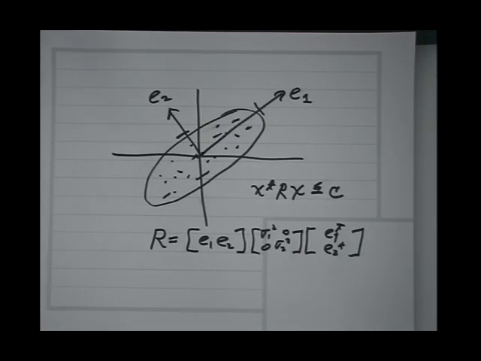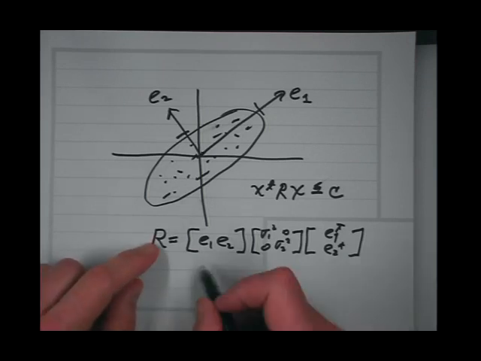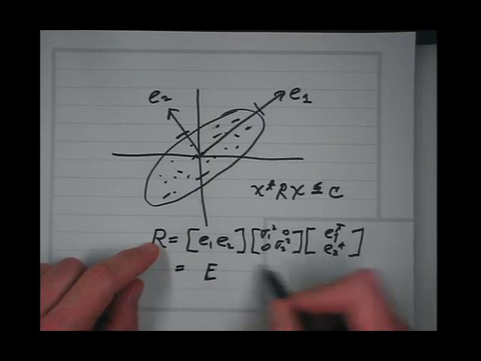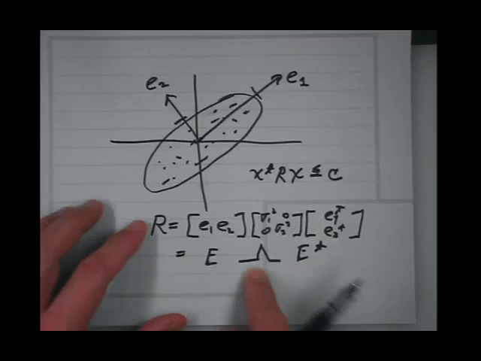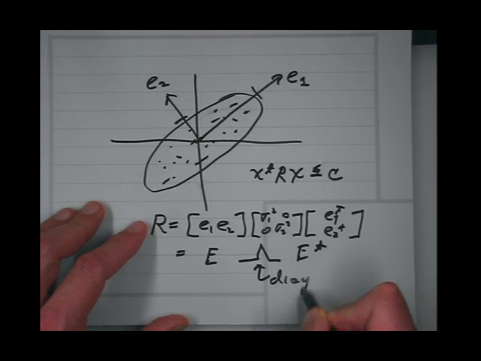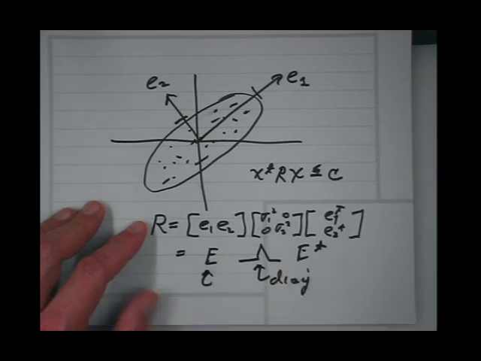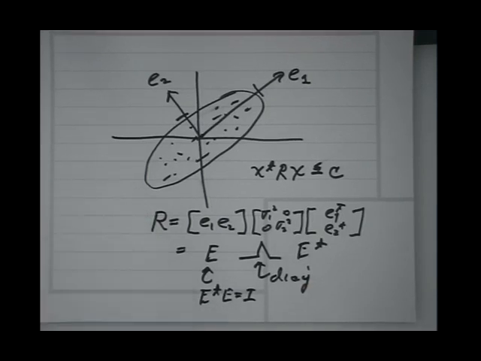These are called the eigenvectors, and these are called the eigenvalues. E is the eigenvectors, and lambda is the eigenvalues. This is a diagonal matrix, and E is orthonormal, by which I mean that E transpose E is equal to the identity matrix. Does any of this look vaguely familiar?